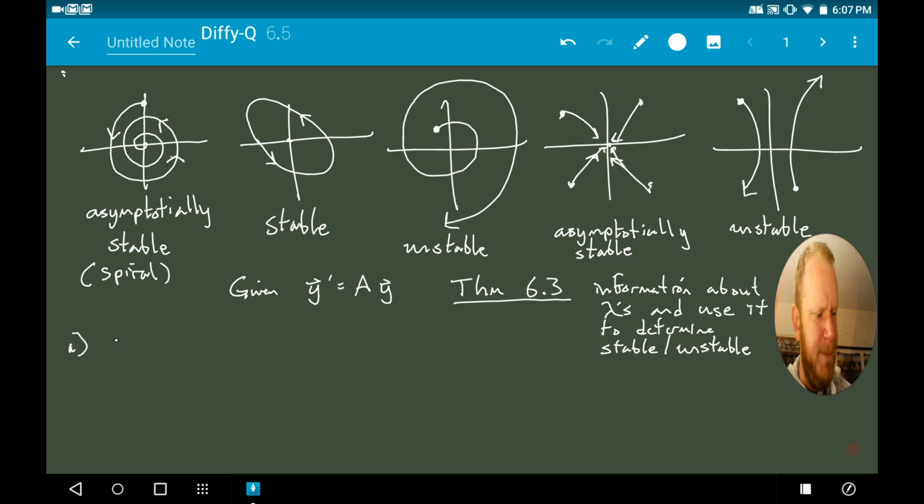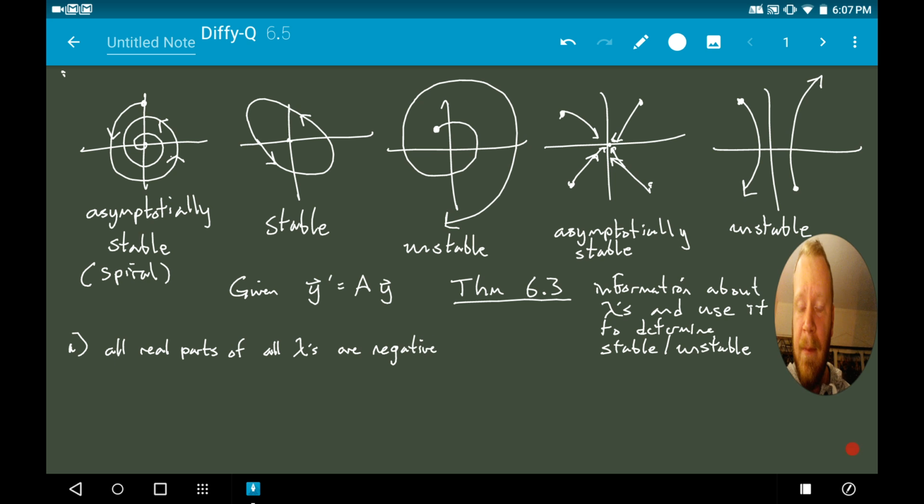If all real parts of all eigenvalues are negative, then you'd have something like lambda equals -2 plus i. That would have a negative real part.